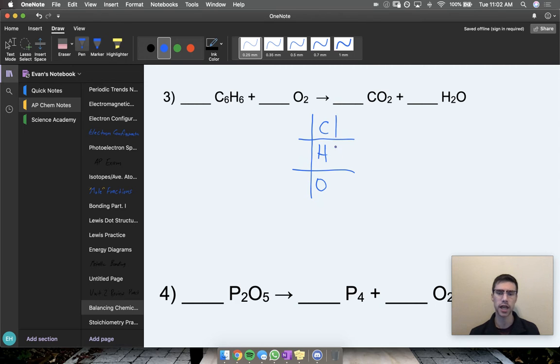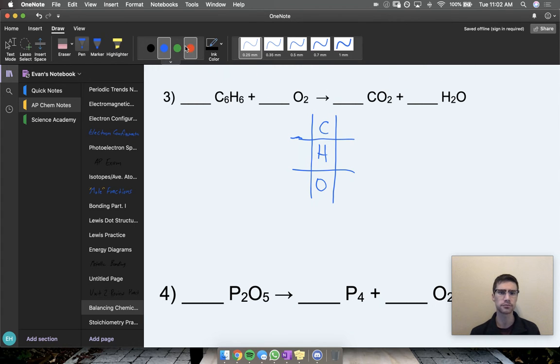And again, I'm just going to count up how many of them I have on each side, and then we'll go from there. In this case, I'm probably going to balance the oxygen, the O2, last, because that's the only molecule here where the coefficient changes one atom. In the rest of them, I'd be changing 2 atoms. So how many do I have to start?